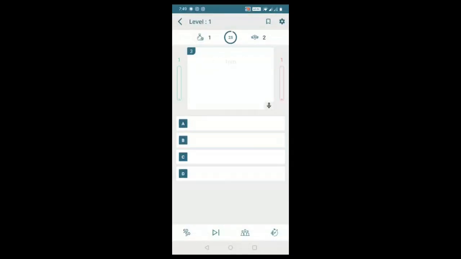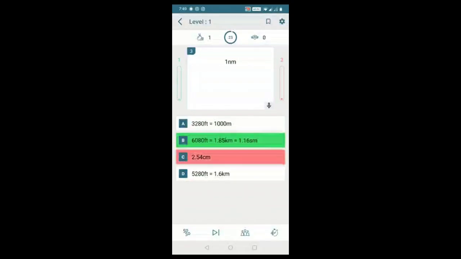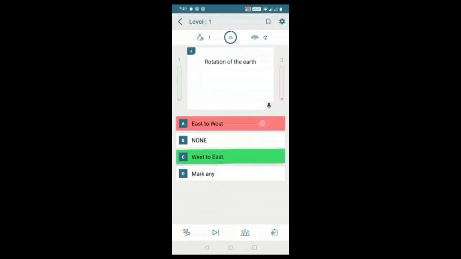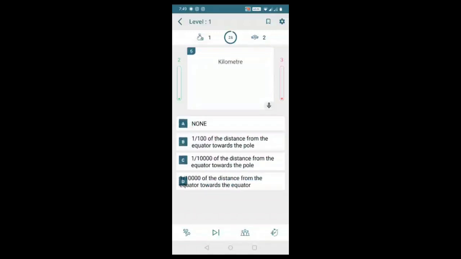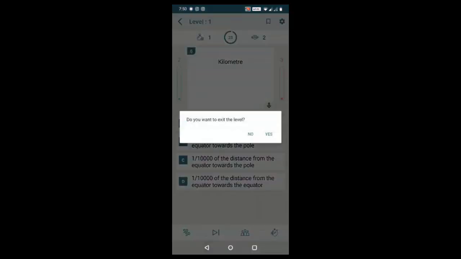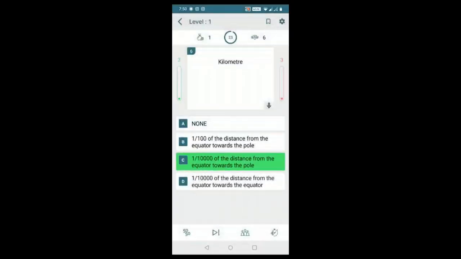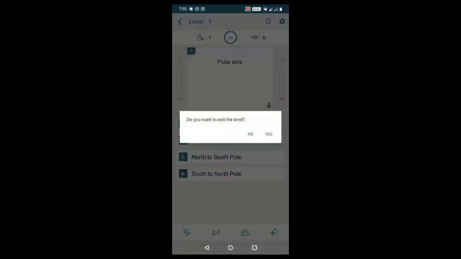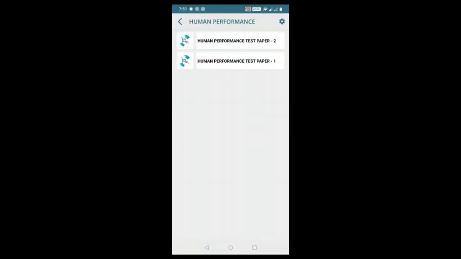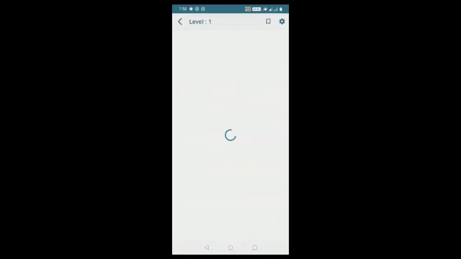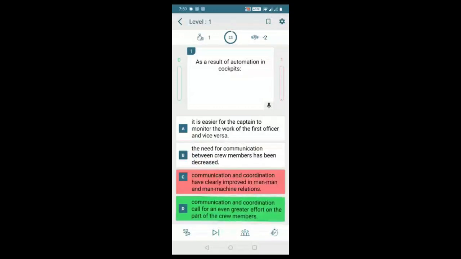You can find out whether you have selected wrong or right, doesn't matter, but you get the answer. This also has a timer. You can see the time at the top, and you have to give the answer before that time stops. You can see all the subjects and questions are covered, so you can practice on this.